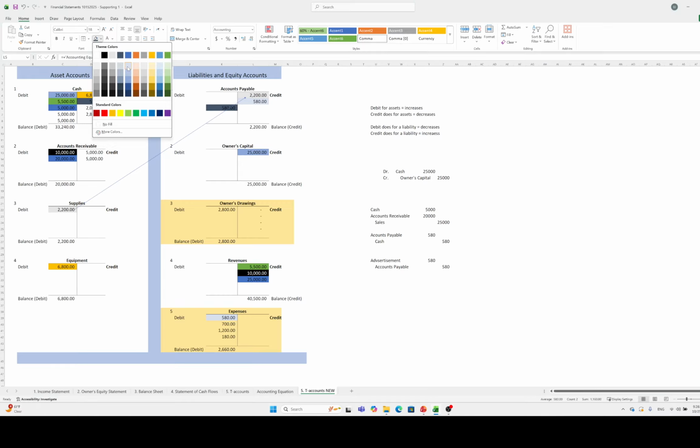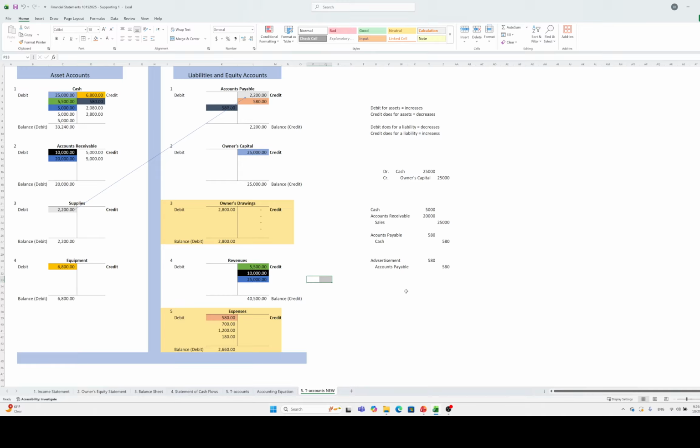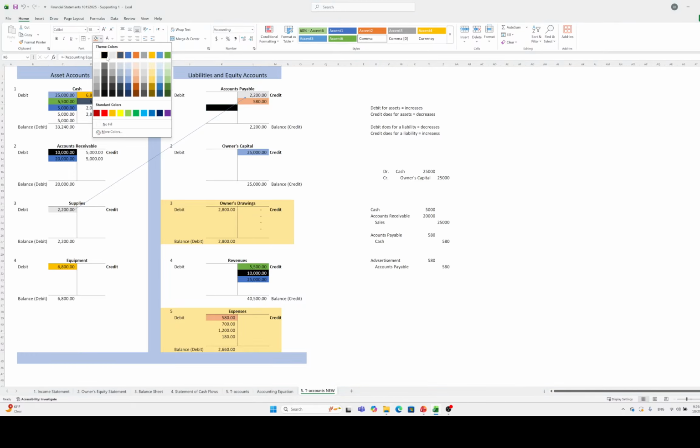I don't have a lot of distinctive colors to show you. And then this was the last transaction, and now the company pays the money back. So it's basically reversed the way I did it here. They say, okay, I now reduce my account by the same amount of 580. Let me choose another color. 580.